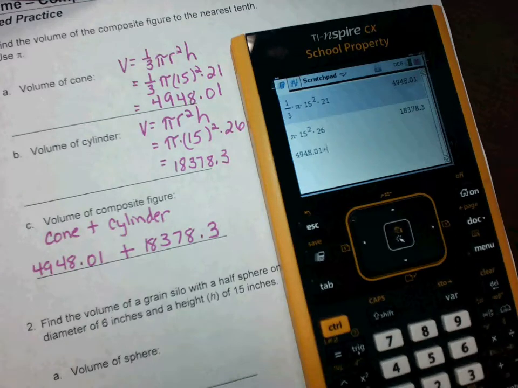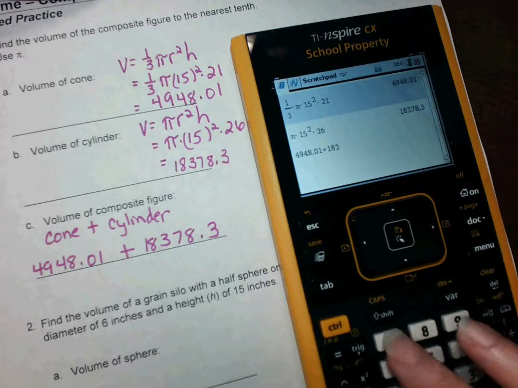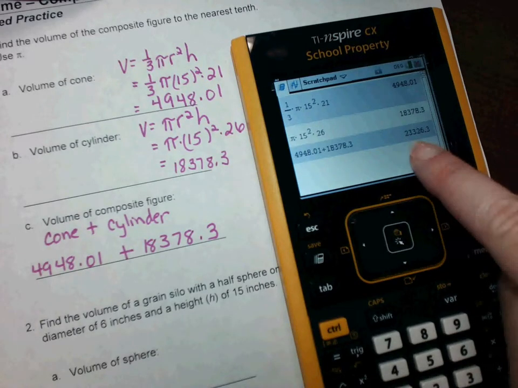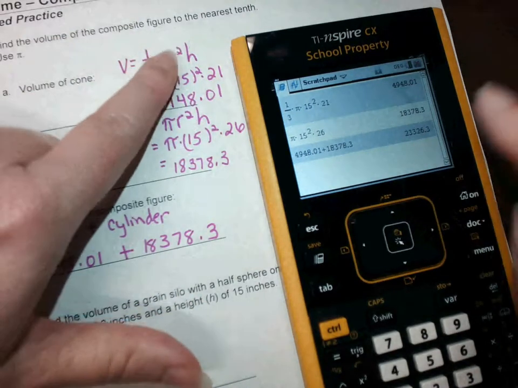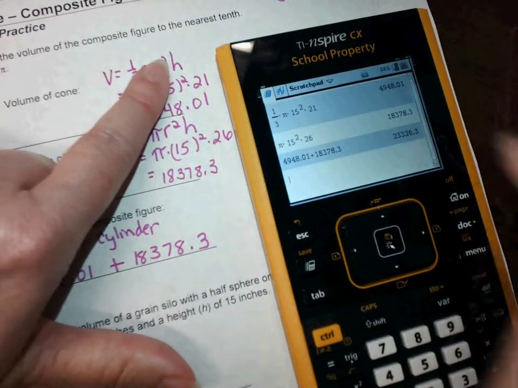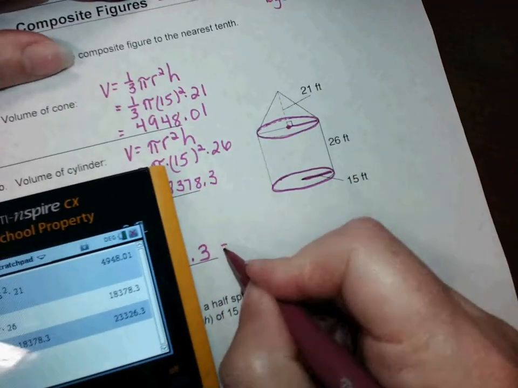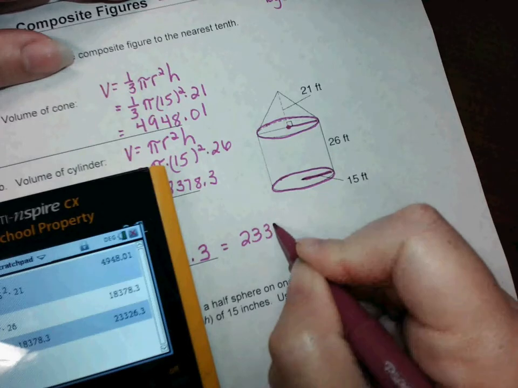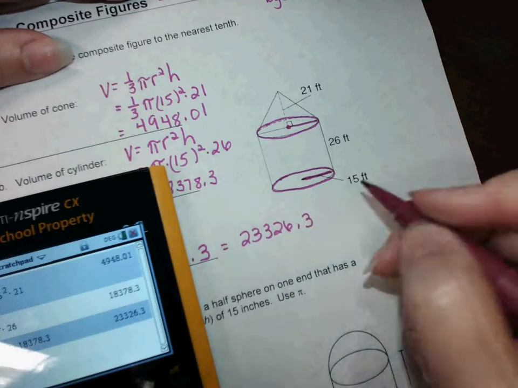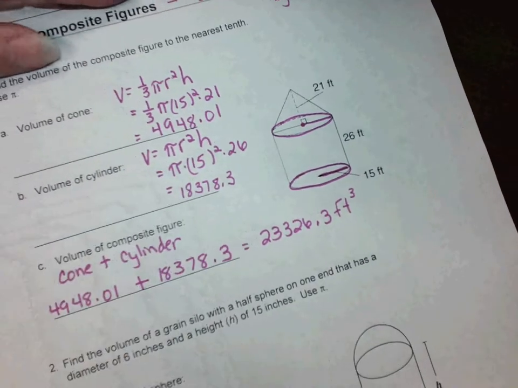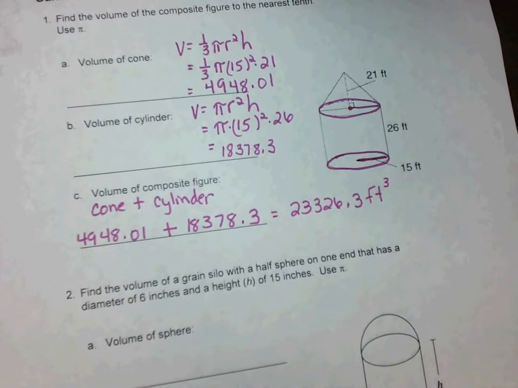I get 23,326.3, and it does say to the nearest tenth, so I would have just one number after the decimal. So my answer is 23,326.3, and this is in feet, still cubed because we're dealing with volume. And that's it. So it's really kind of like two problems shoved together.